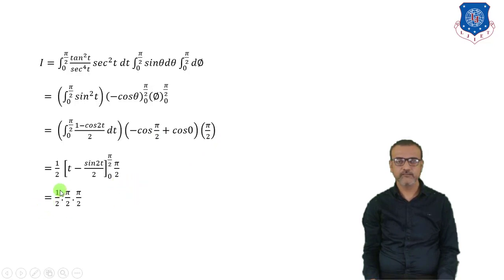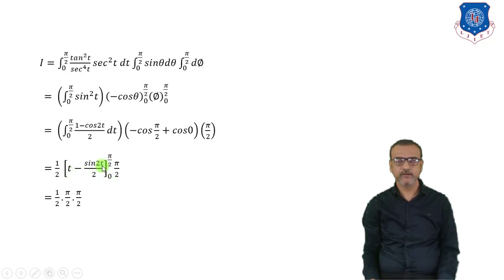Now this is equals to, this 1 by 2 will be as it is. Now replacing t by pi by 2, so it is pi by 2 minus, replacing t by pi by 2, so 2 will cancel out, sin pi. So value of sin pi is 0. Then for lower limit 0, this will become 0.